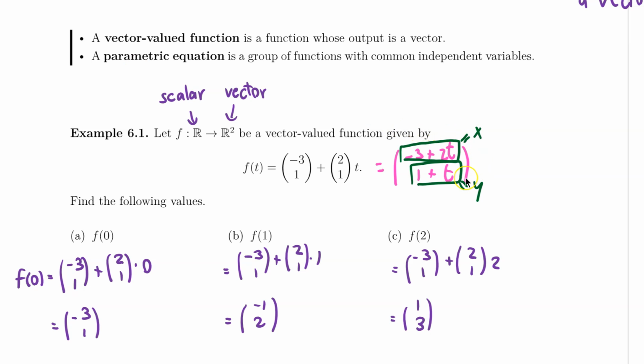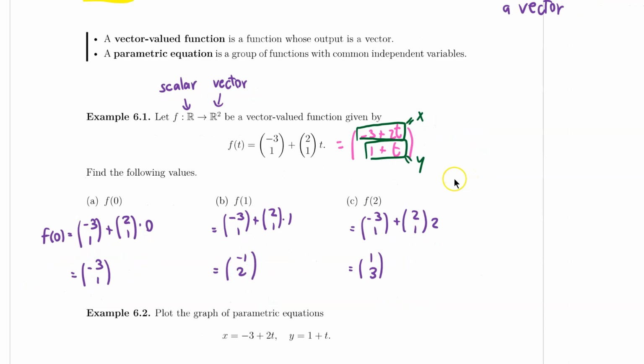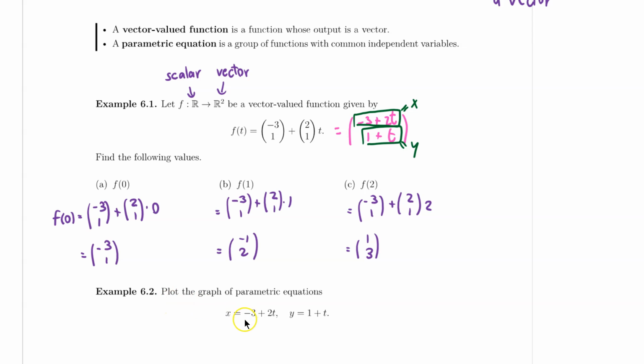This is called the parametric equation, and it's the same thing that we have down here. Parametric equations are basically a group of functions that have a common independent variable. In this case, I have two functions, x and y, that have the same variable t. So this x, -3 plus 2t, is what we have here, and my y, 1 plus t, is also what we have here.